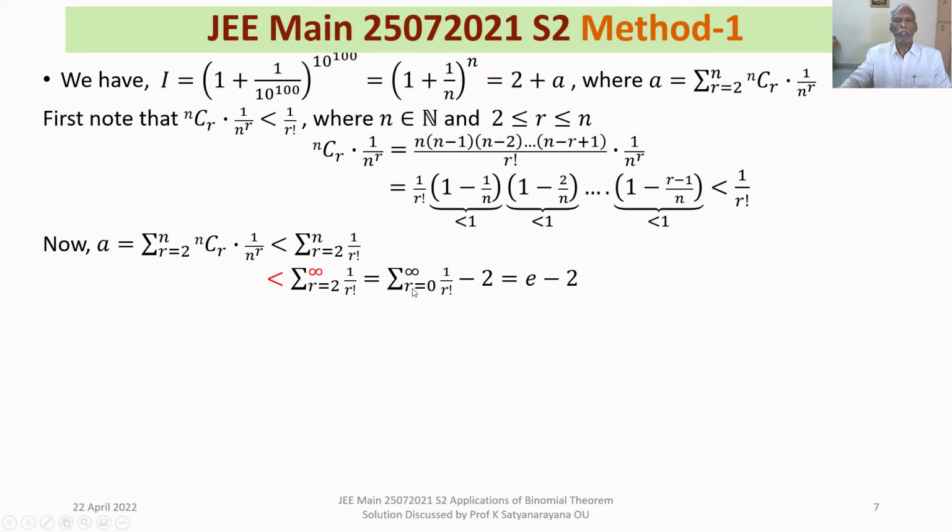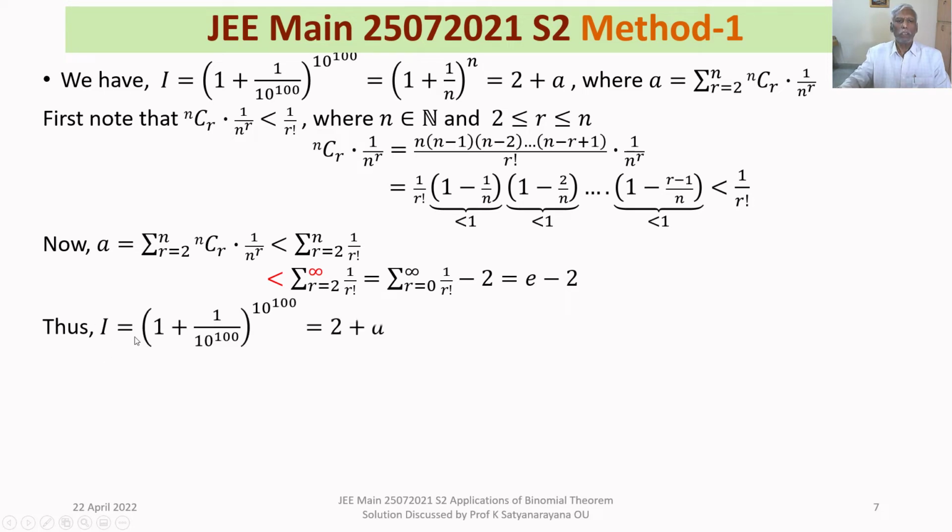Now we have written r = 0 to infinity. That means we are adding two terms, r = 0 and r = 1, which we have to subtract. r = 0 gives 1 and r = 1 gives 1, that will be 1 + 1, so we have to subtract 2. Sigma r = 0 to infinity of 1/r! is the famous exponential e, and minus 2.